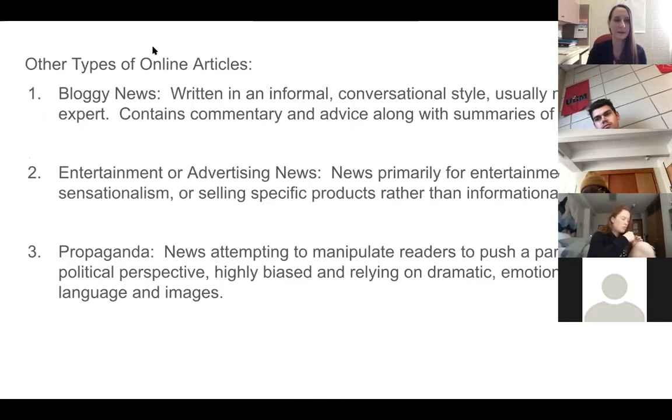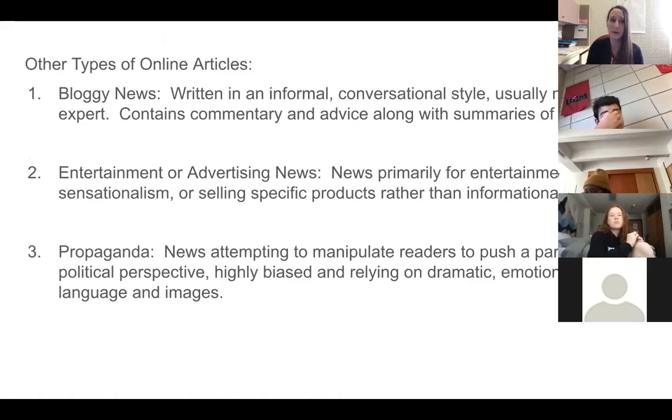I'll save some examples for later. Also, some other types of online articles that you want to be wary of are things like blogging news. They're written like a blog, even though they may contain news or links to real sources. They're informal, conversational, and contain the author's commentary or interpretation as well.